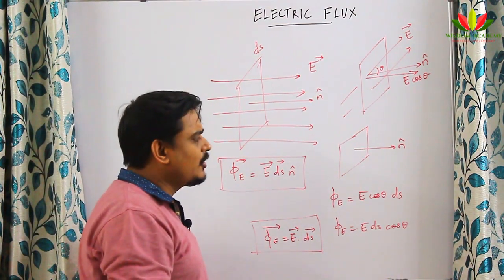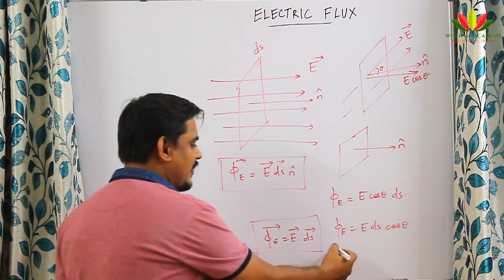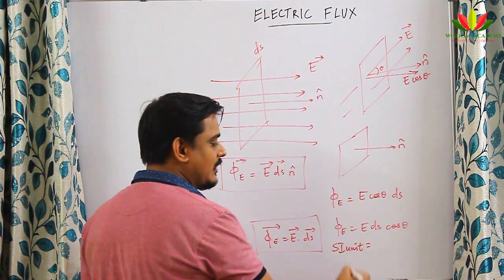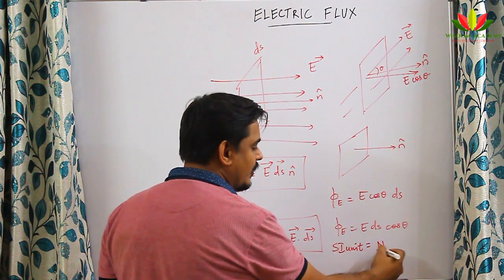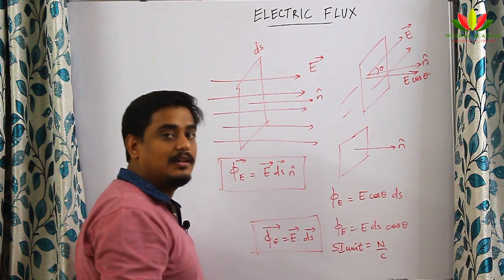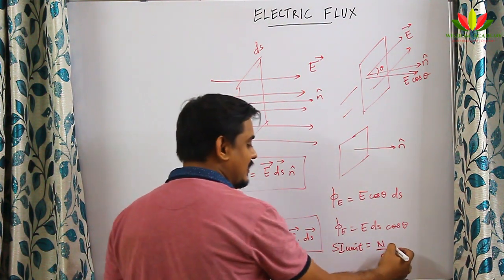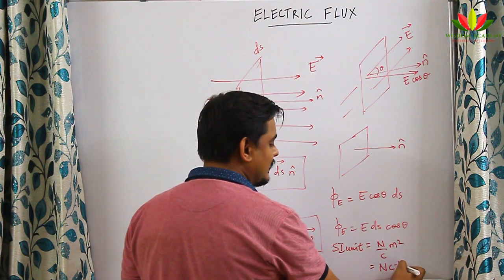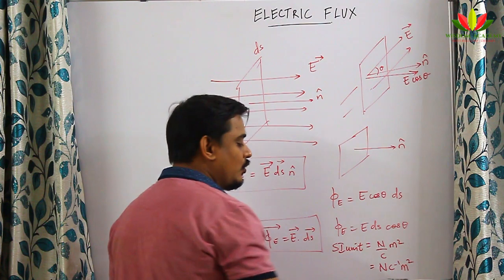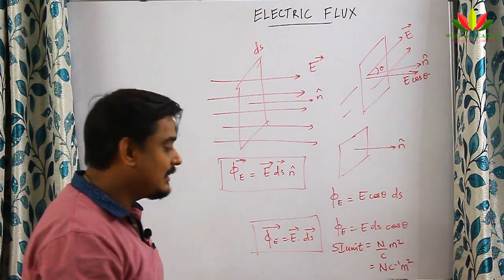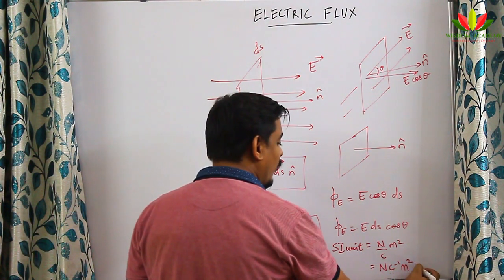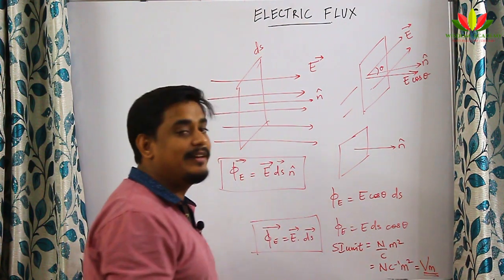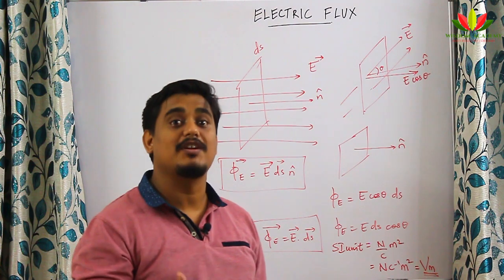What will be the SI unit of electric flux? What is the SI unit of electric field? Newton per coulomb. What is the SI unit of ds? Meter square. So it will be Newton coulomb power minus 1 meter power 2. You will also learn that this is equal to volt meter. How this volt meter comes, you will know only in the next chapter when you learn about what is potential.